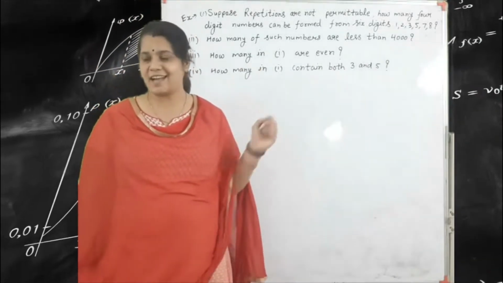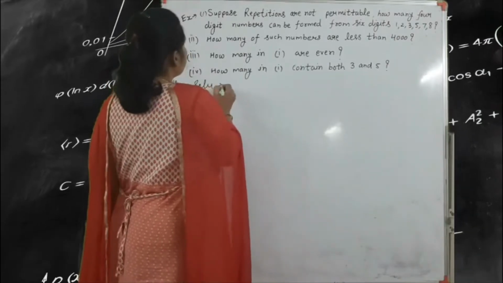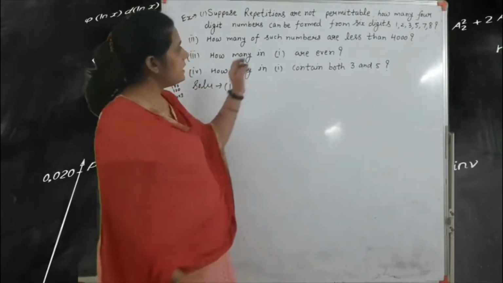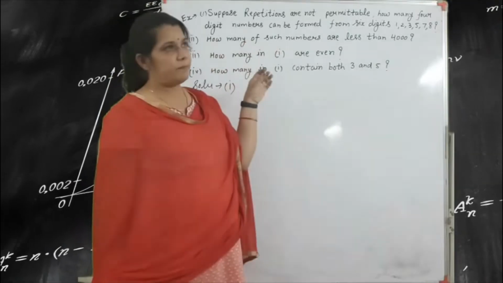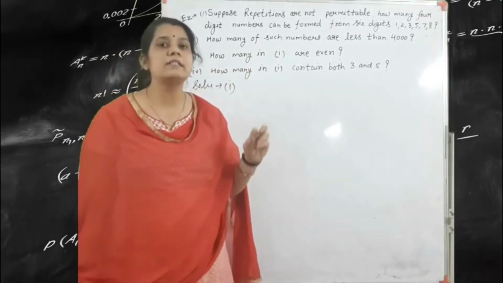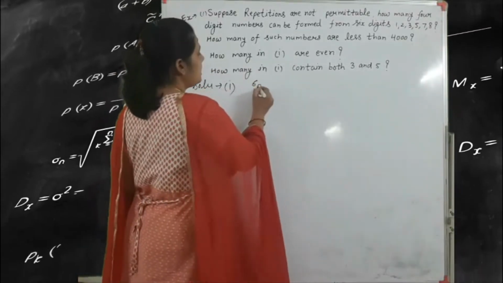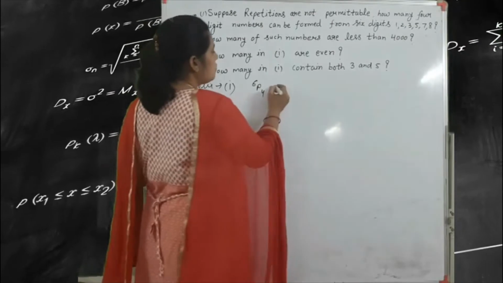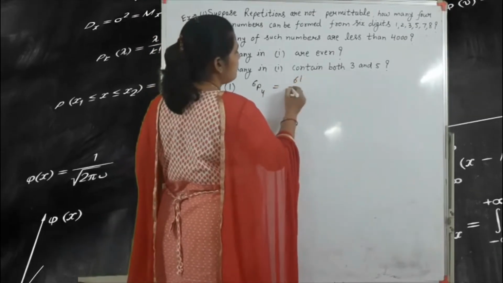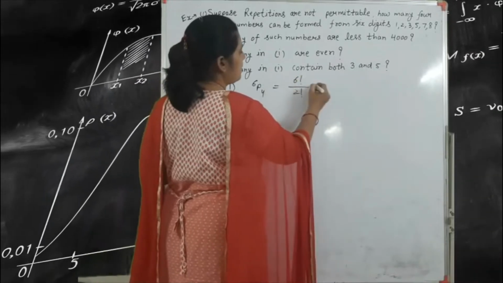Okay, so let's start our solution. First we find how many 4-digit numbers can be formed from the 6 digits. That means this is a permutation, so we write 6P4. Here we find factorial 6 over factorial 6 minus 4, that is factorial 2.